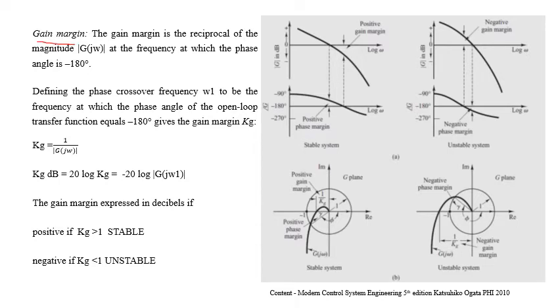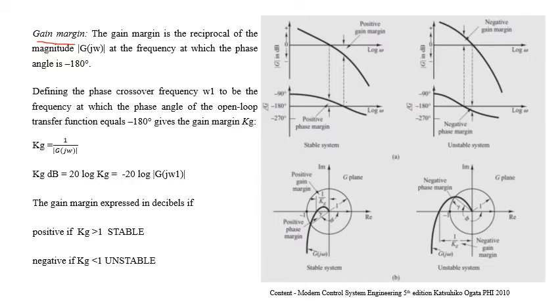Now coming to the gain margin, again we need to understand the gain margin idea with respect to the Bode plot first, and then we will go for the polar plot or the Nyquist plot. The gain margin for a system is the gain at the phase crossover frequency. Now what is the phase crossover frequency?